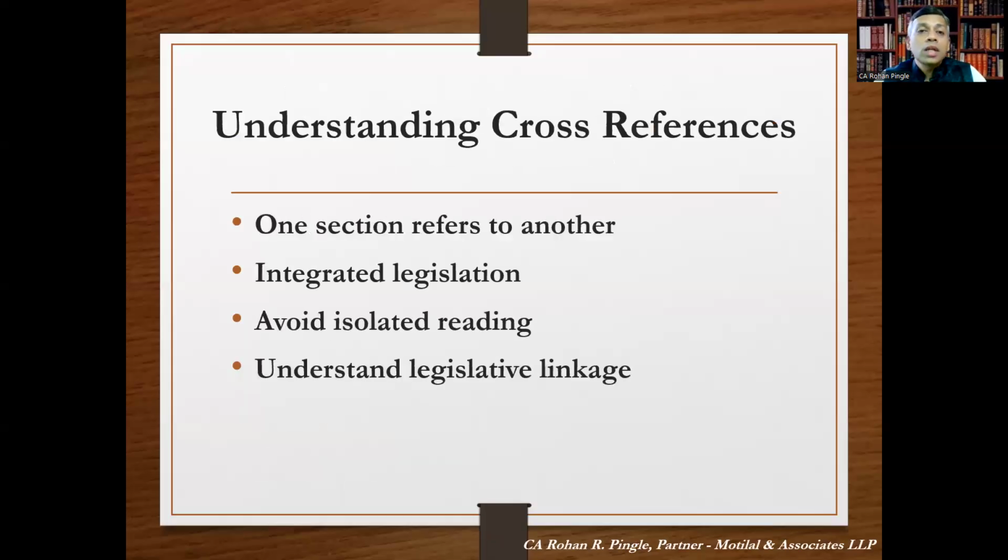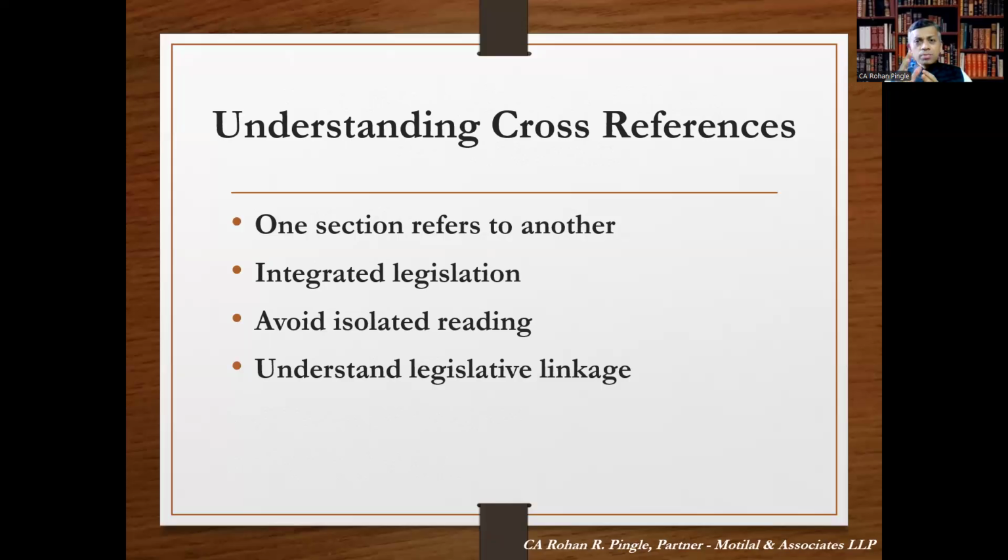Let's understand cross references. The Income Tax Act contains numerous cross references. For example, one section may state "subject to the provisions of", "as provided under", or "notwithstanding anything contained in". These expressions are extremely important, as they indicate the relationship between the two provisions.